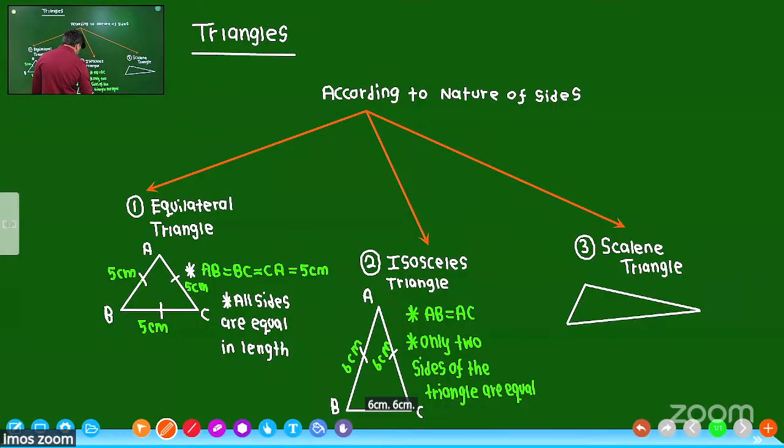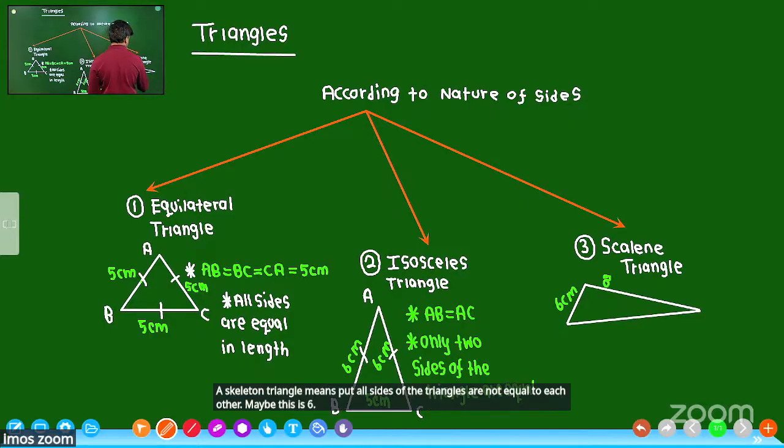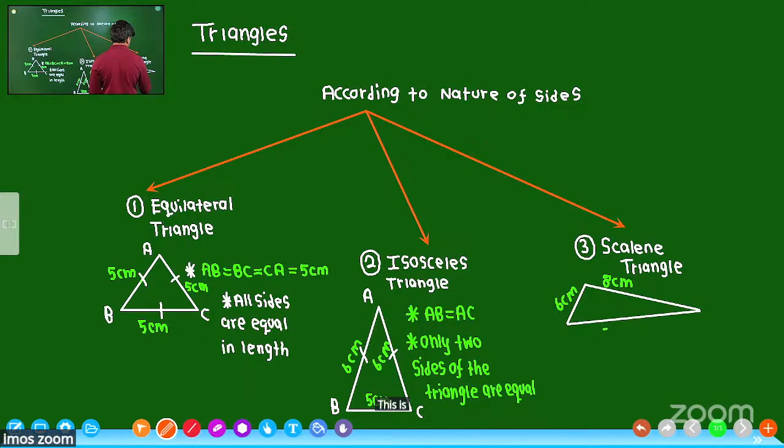But this is another value. හරි? මේක අපි 5 කියමු. That is an isosceles triangle. A scalene triangle means all sides of the triangle are not equal to each other. Maybe this is 6, this is 8, maybe this is 7 or something. You have to understand, right?